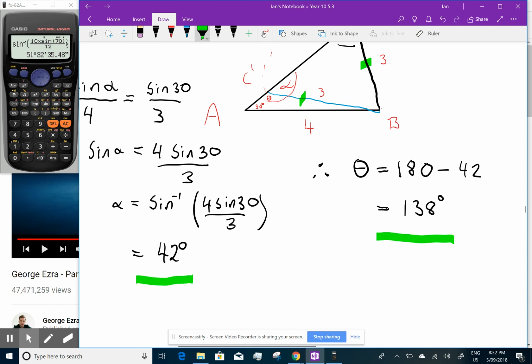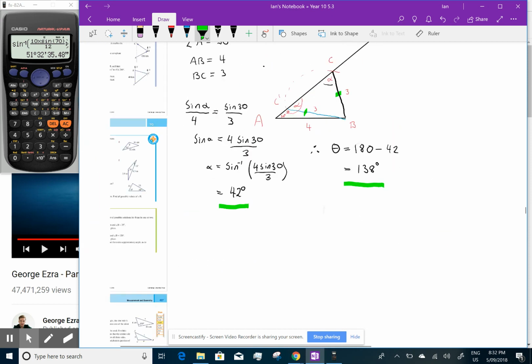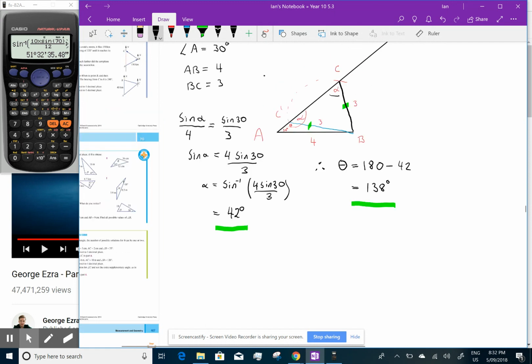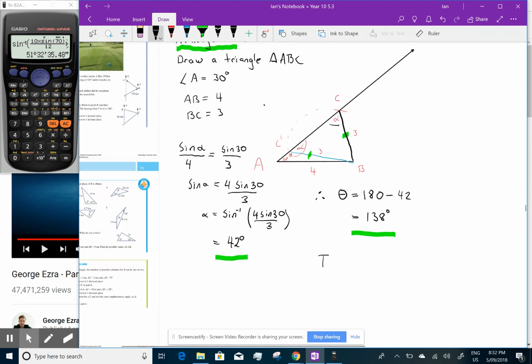Now, how do you know which one to use? Well, you can see it from your diagram.